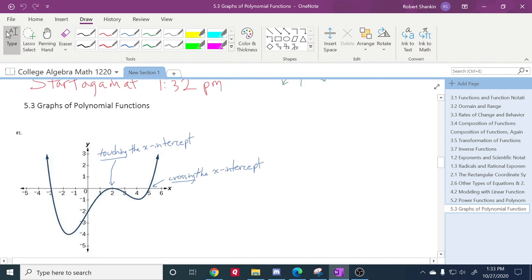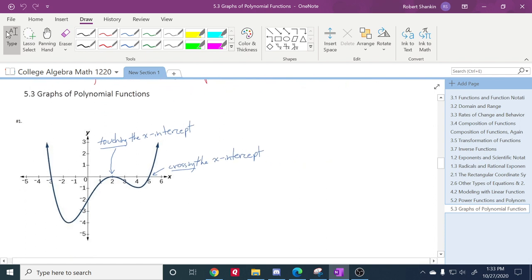So, in the first picture here, we call this touching the x-intercept. Over here is crossing the x-intercept. If we were whipping around here, we crossed the x-intercept because we were above it, and then all of a sudden we're below it. So we crossed over it.